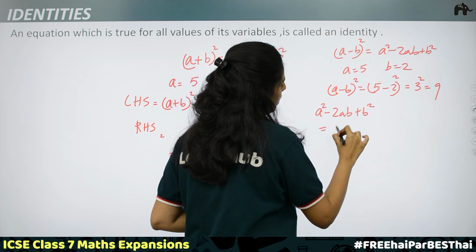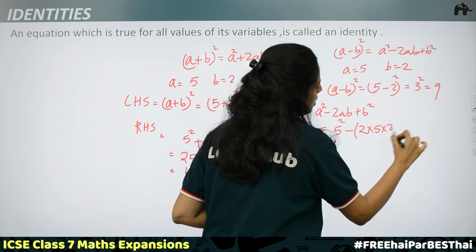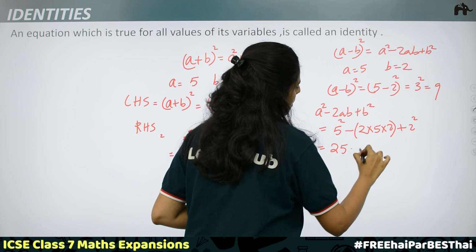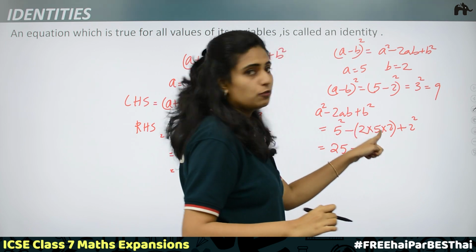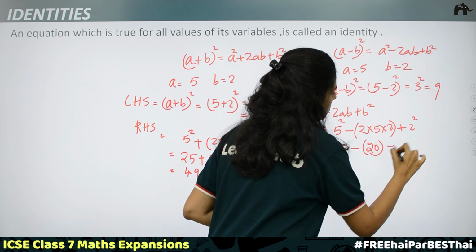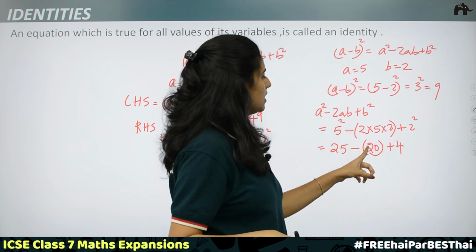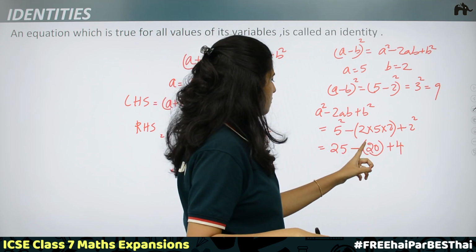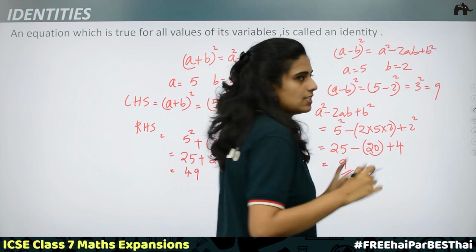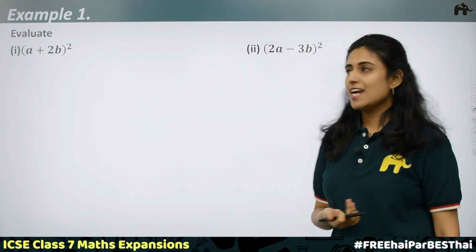It will be equal to 5 square minus 2 into 5 into 2 plus 2 square, equal to 25 minus 10, 2 into 5, 10, 10 into 2, 20, plus 2 square which is equal to 4. 25 minus 20 is equal to 5, 5 plus 4, 9. So, LHS and RHS we are getting the same. Okay. Got it? Let us start with examples.